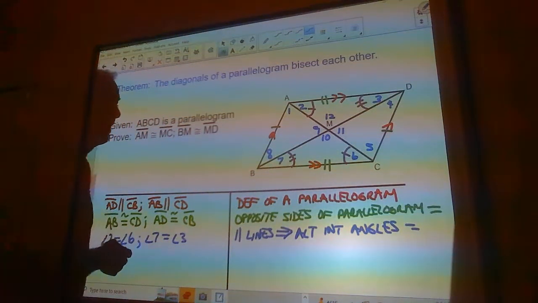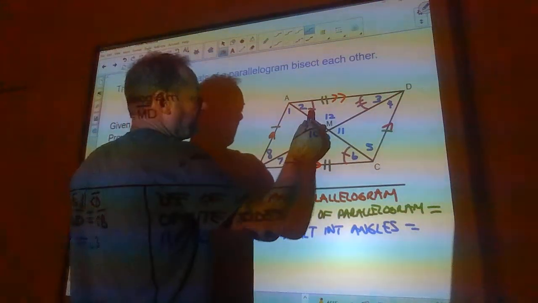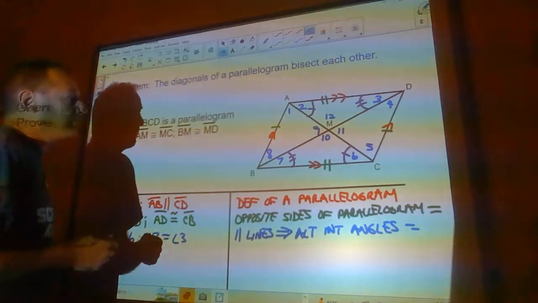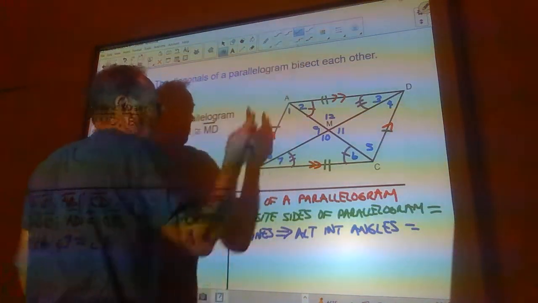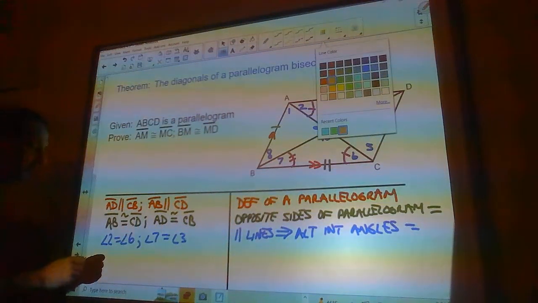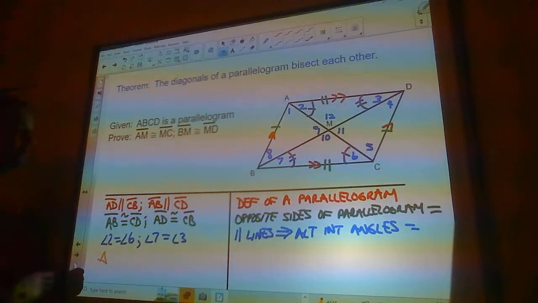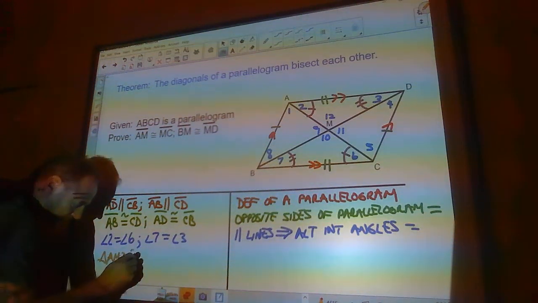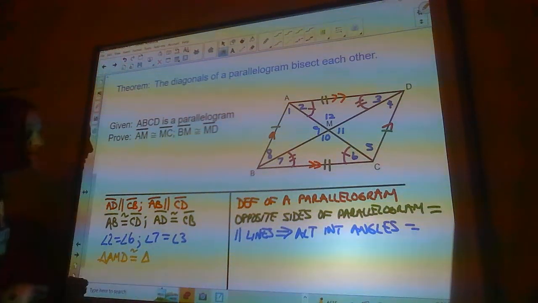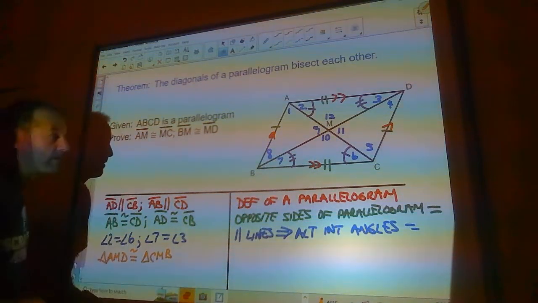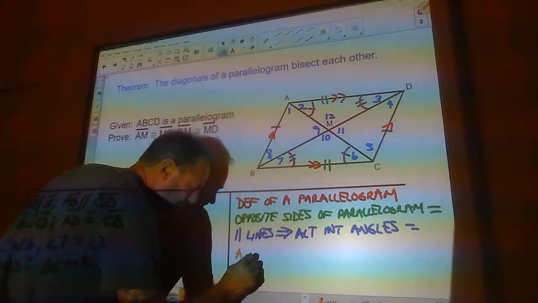Okay, so now I've got angle, side, angle. So I've proven that triangle AMD is congruent to triangle CMB by angle, side, angle.